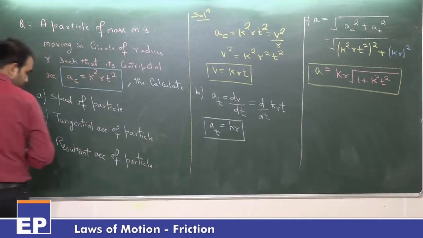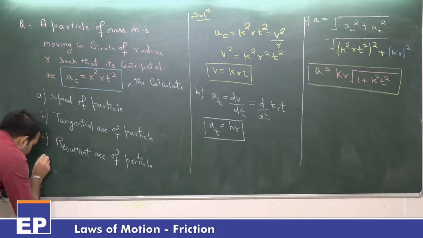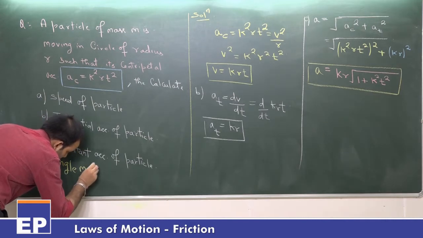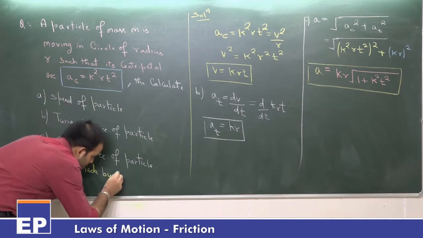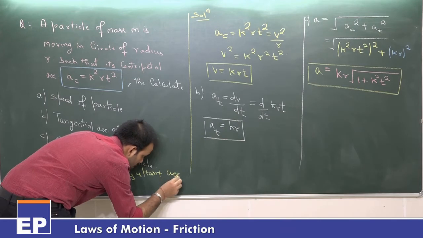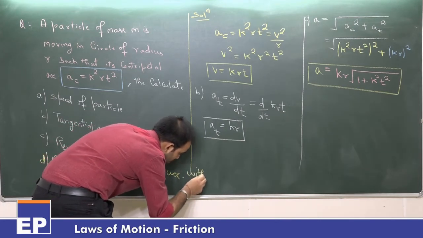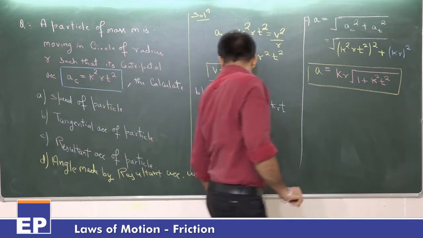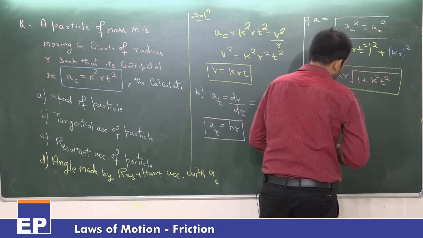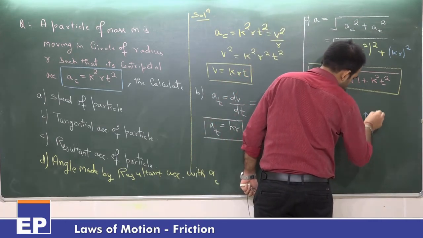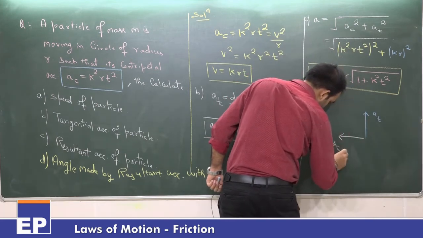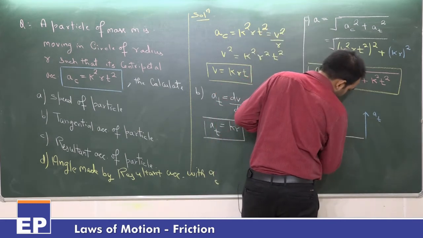Write one more part of this, D part: angle made by resultant acceleration with AC. What angle will resultant acceleration make with AC? So we know, let's put this is AT, this is AC, so this is the net acceleration.